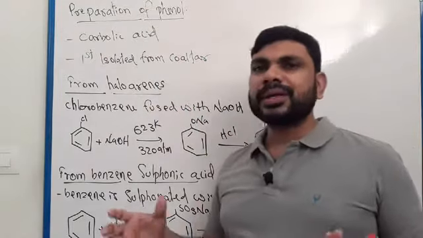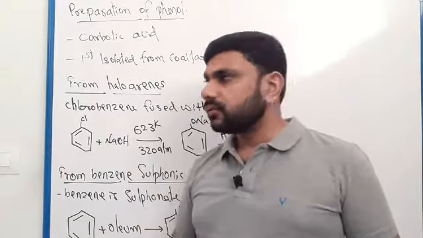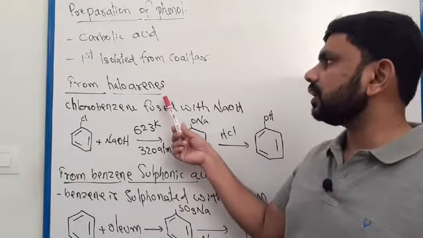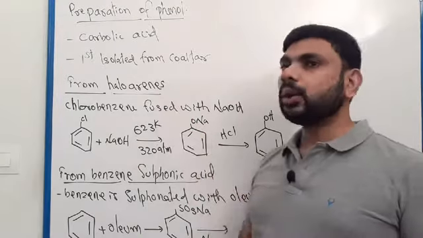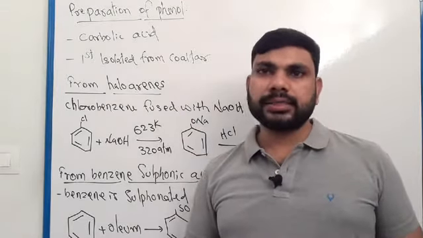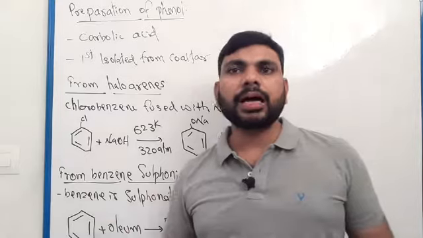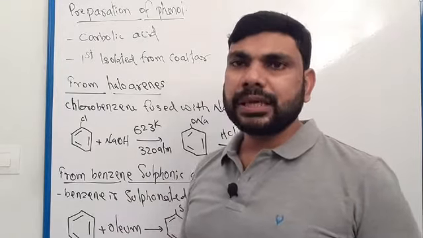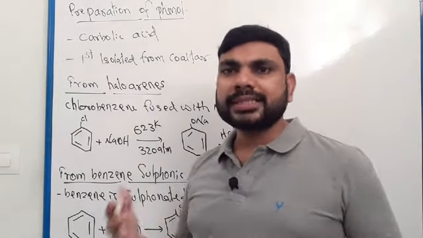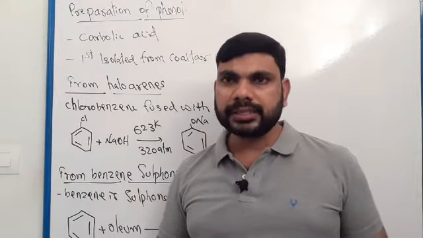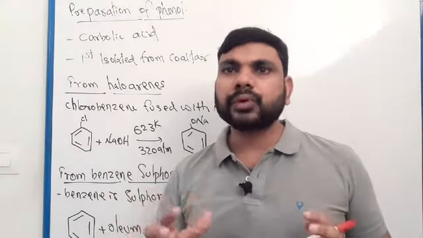There are different methods of preparation of phenol. First one we have to check is preparation from haloarenes. For example, chlorobenzene and bromobenzene are haloarenes, that is, aromatic compounds with halogen.